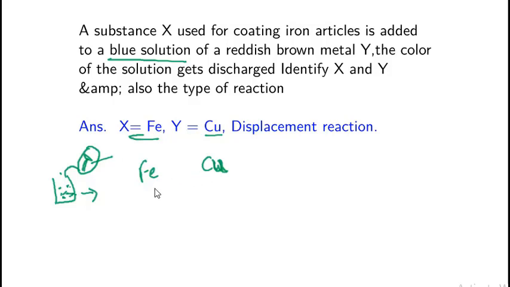So they are asking X is iron and Y is copper, and this reaction is nothing but a displacement reaction.